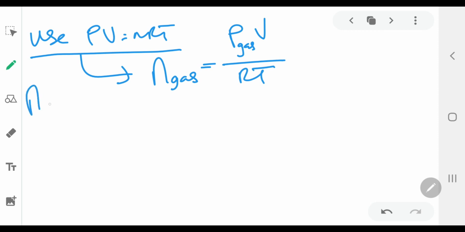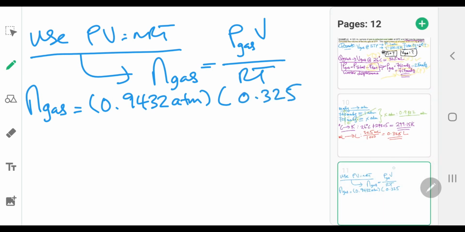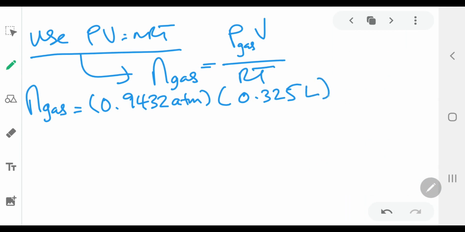The pressure of the gas just now is 0.9432 atmospheric pressure times the volume, 0.325 liter.